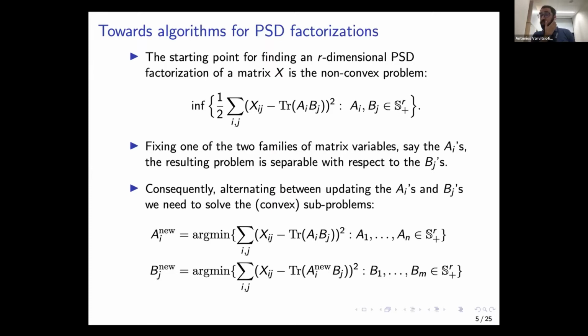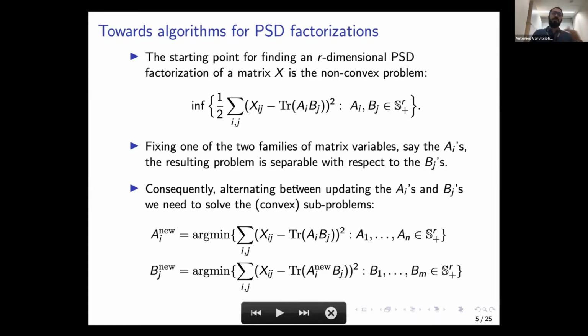So now let's slowly work towards coming up with an algorithm for finding PSD factorizations. In this context, always remember that R, the size of the PSD matrices, is fixed. We have made a choice: R is 5 or 7 or 2 or whatever. Now we are trying to find an R-dimensional PSD factorization.